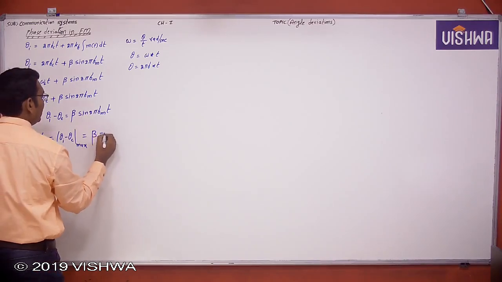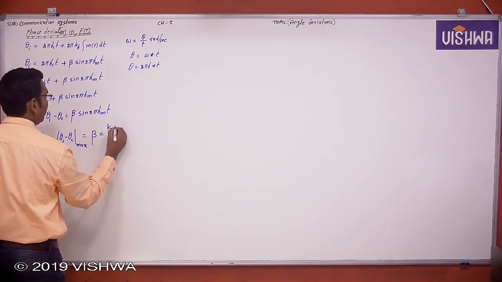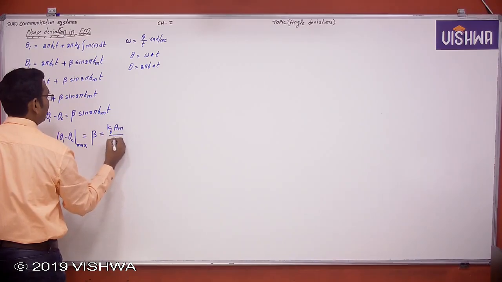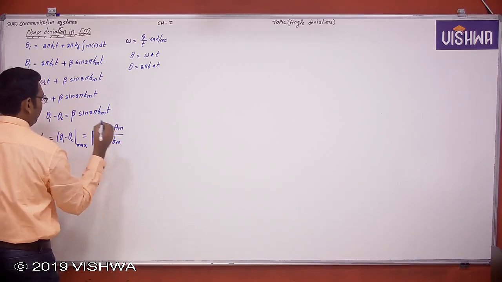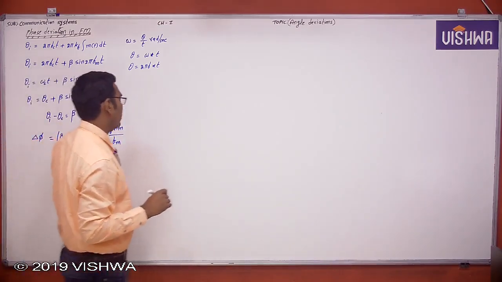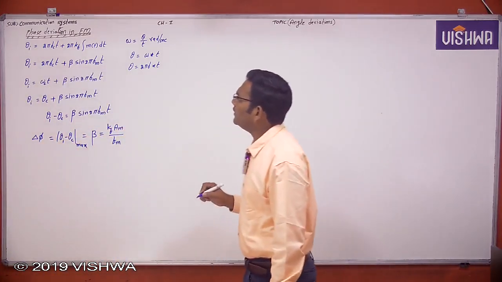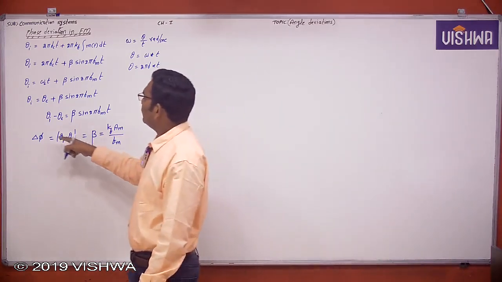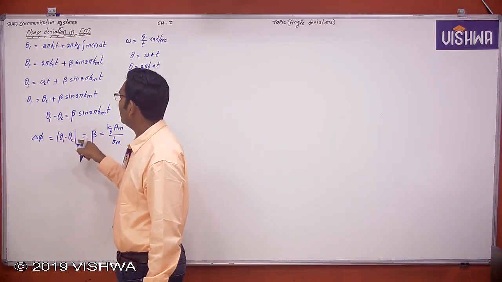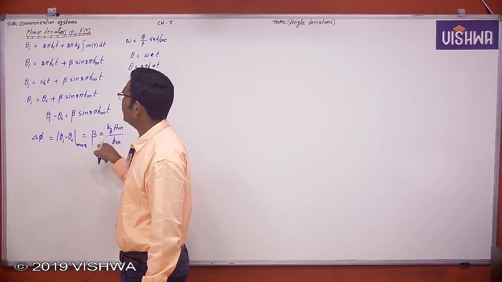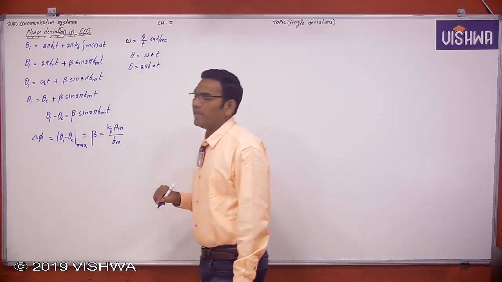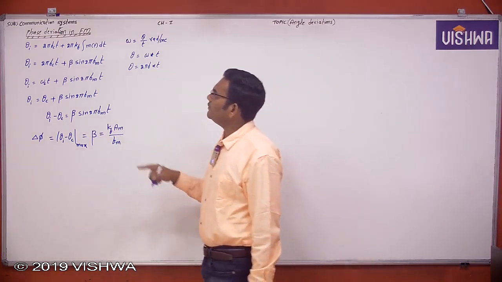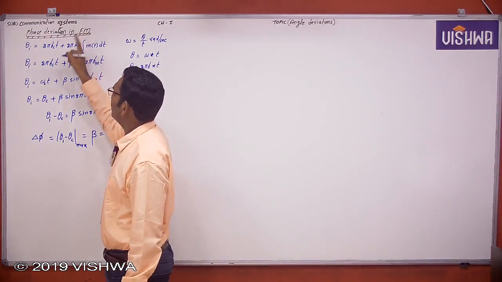So what is beta? Beta is equal to kf into Am by fm. Is it right or not? Now this is the phase deviation in frequency modulation. The phase deviation is nothing but the modulation index beta in FM. So this is the phase deviation in frequency modulation.